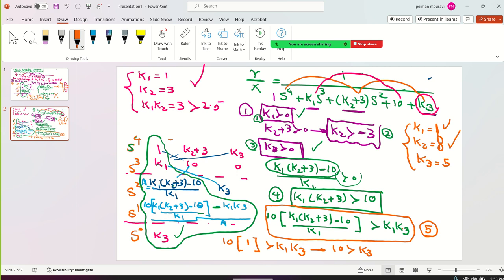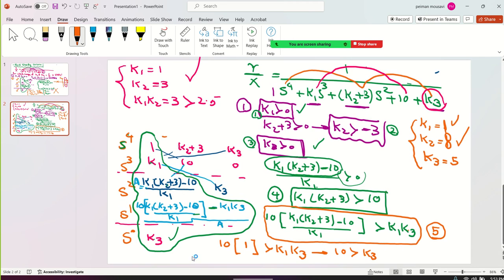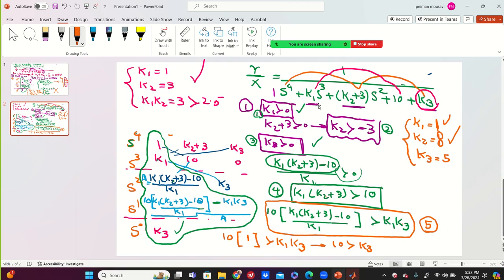Let me try this to see the rough stability. What gives us? It's going to be 1, 1, 11, 10, 5.